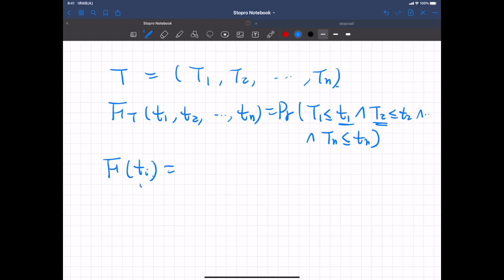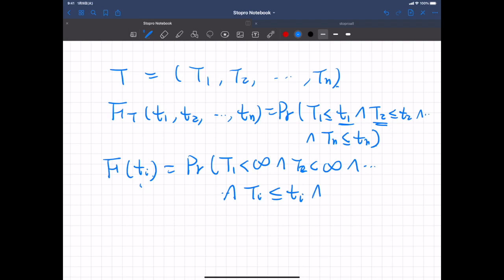That probability would be the probability that T1 is less than infinity and T2 is less than infinity, so that means basically every possibility, but we leave Ti less than some given time, and everything else we just integrate over all possible values.